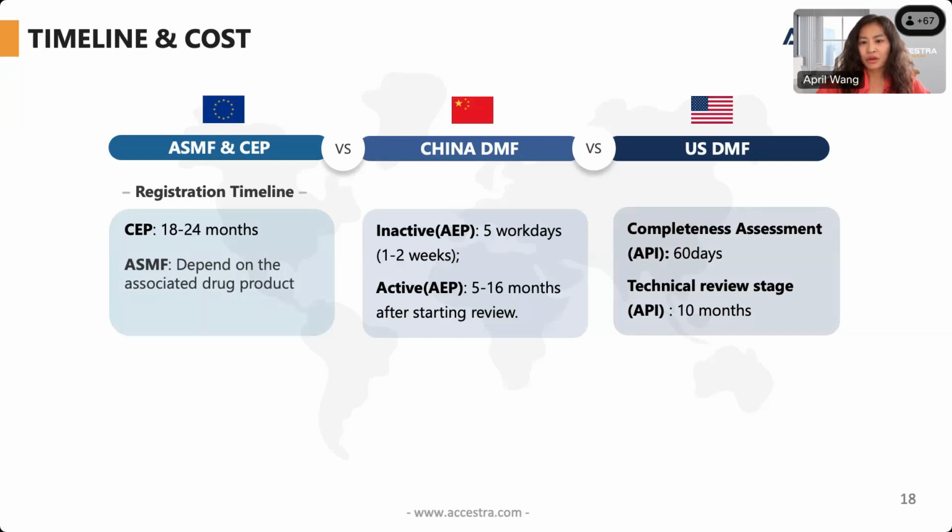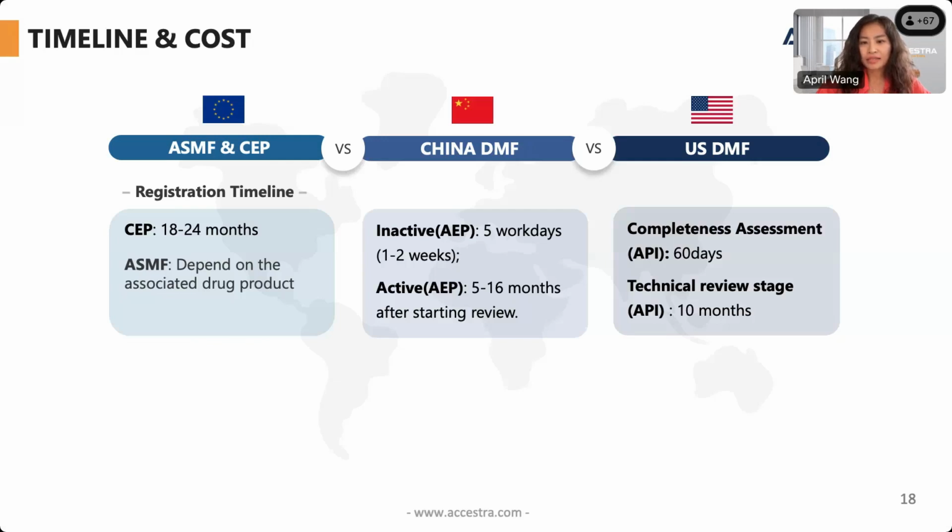For example, whether it's standalone review or binding review, and the application category of the associated drug product also matters. Generally speaking, a change application is faster than a new registration. Additionally, the timeline would extend if any supplementary study is required by CDE.